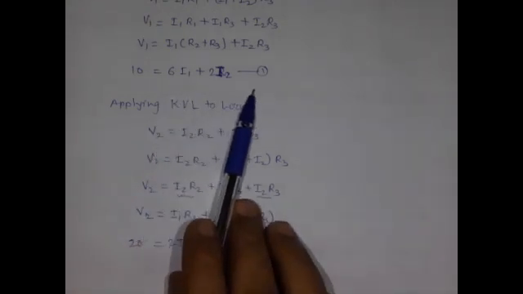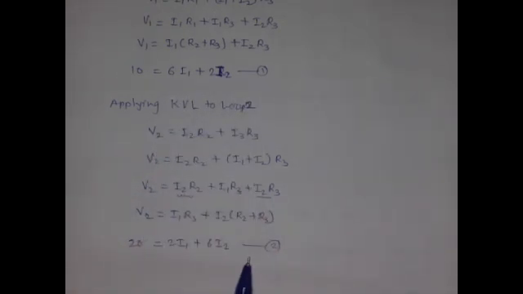Now two equations are obtained. By using simultaneous equations, we simplify the values of currents, and these currents are simplified as follows.